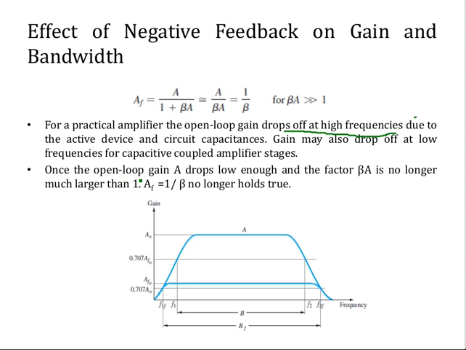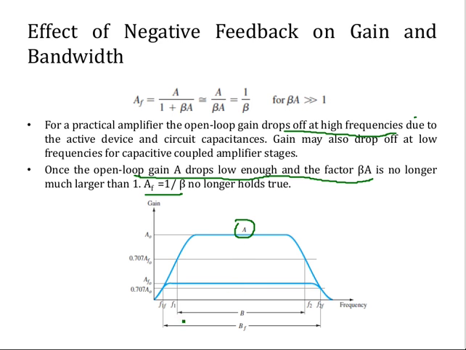So once the open loop gain drops low enough, the factor beta A is no longer much greater than 1. So AF = 1/beta does not hold true when A drops very low. So here you see this is the gain A and this AF is the gain with feedback.